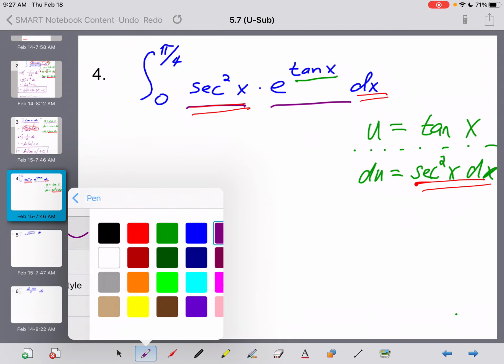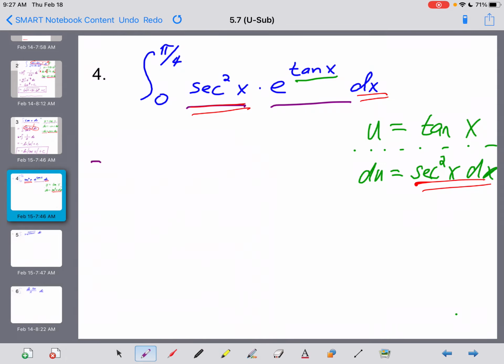This integral could be rewritten as the integral of, and I'm going to leave off those limits of integration for just a moment, the primary substitution right here becomes e to the u power. And then the secondary substitution, everything else, secant squared of x times dx, all of that gets replaced by a du.